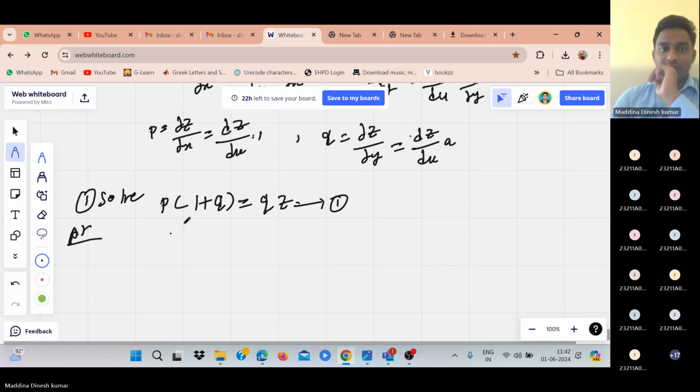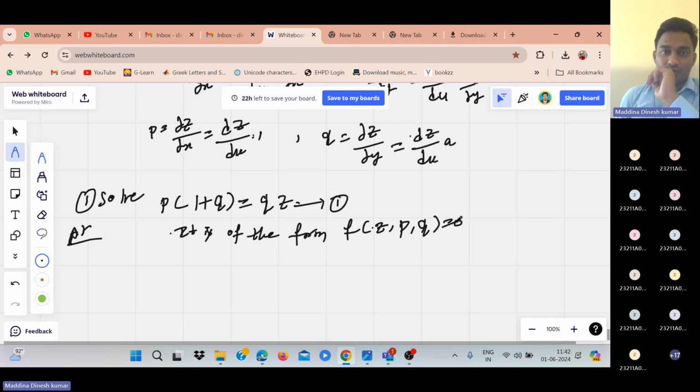So it is of the form f of z comma p comma q equal to 0.